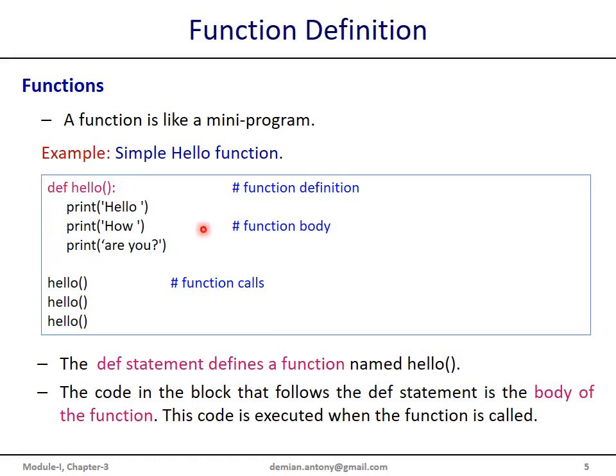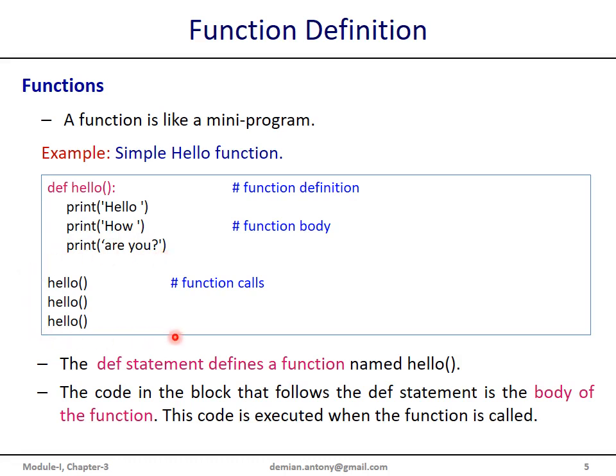In this example, we have defined a function called hello, which takes no parameters. Also, it returns nothing, but it prints the sentence hello, how are you in different lines. Hello is printed in the first line, how is printed in the second line, and are you is printed in the third line. How to call this function definition?